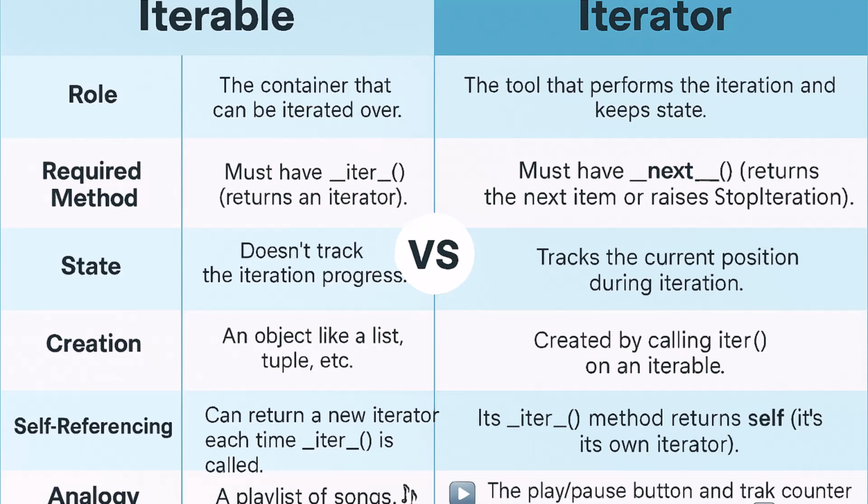The other thing: an iterable cannot keep track of position, whereas an iterator remembers the current position. So in short, think of an iterable as a container like a list that can be looped over, whereas an iterator is the tool that pulls out one item from the container at a time.